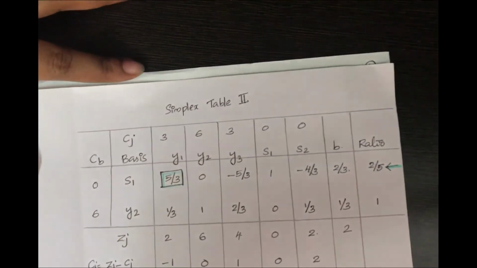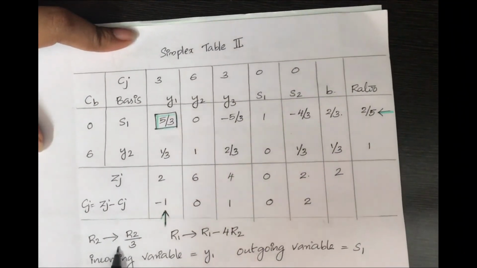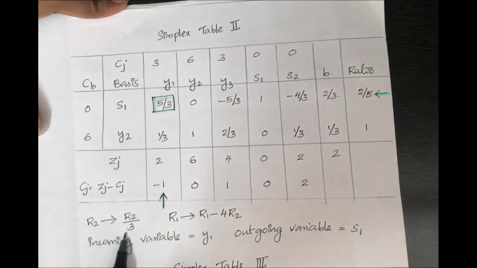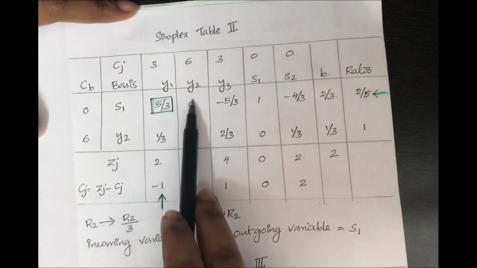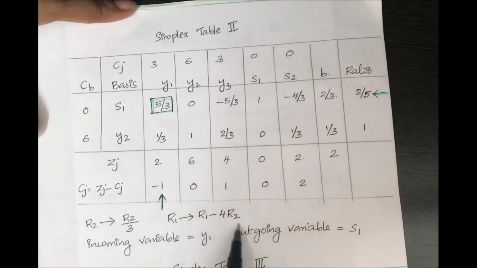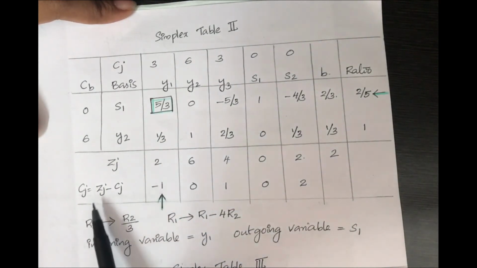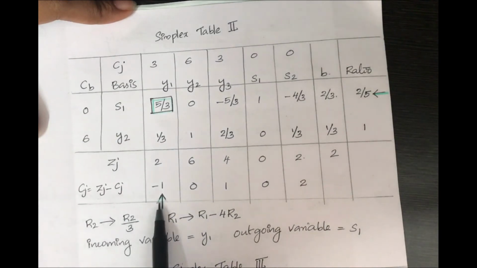So the table 2 here. Now to make the 3 as 1, R2 is entirely divided by 3, and using this reduced R2, we make this 0 by R1 changing to R1 minus 4R2, and we get the table like this. Again we go through the same procedure of the simplex table, and find the Zj minus Cj values.